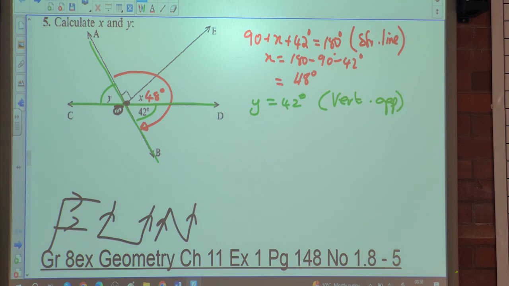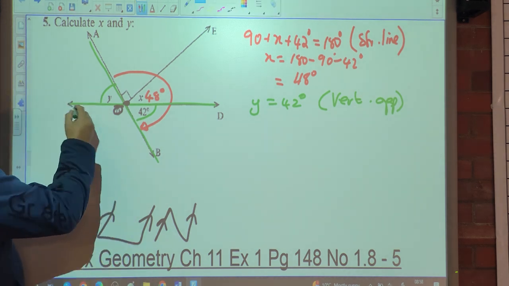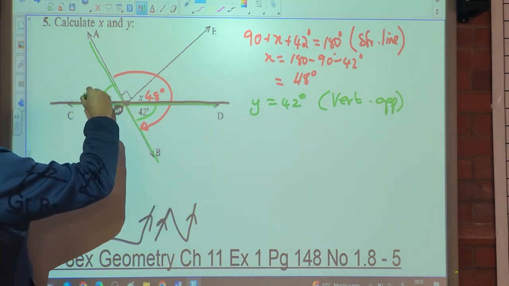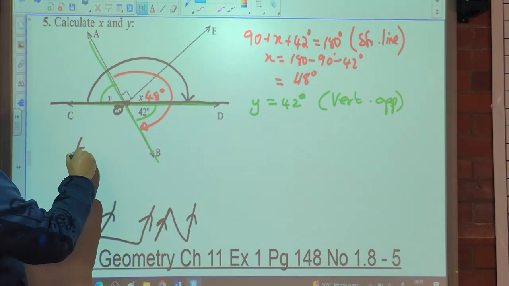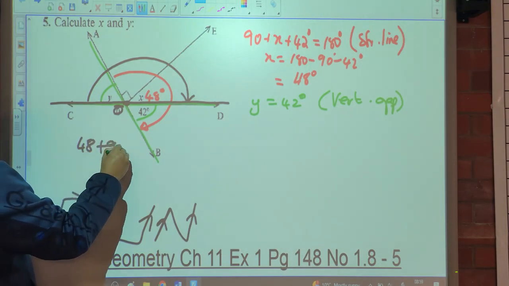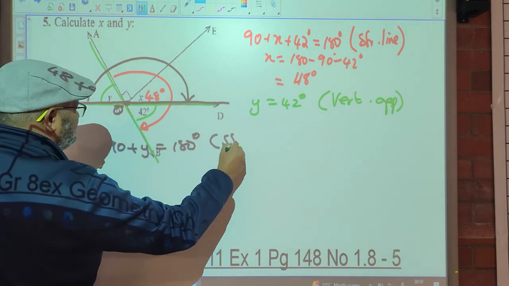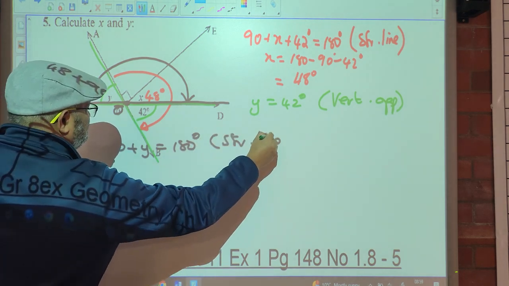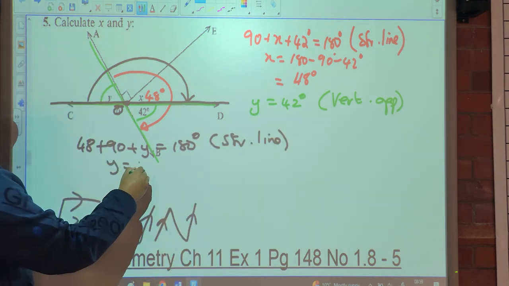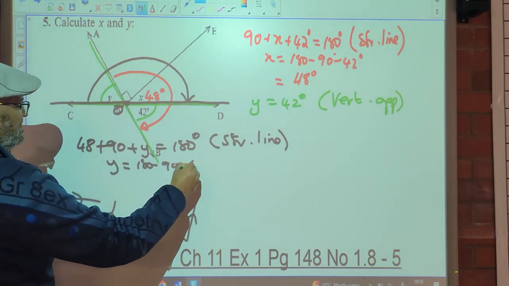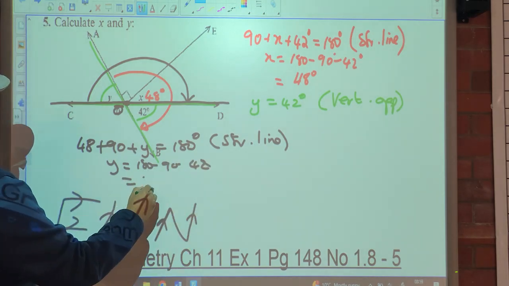Could you have done that, people? I would say there's many ways of doing these things. As long as you're applying the rules of mathematics correctly, or geometry, you're saying that that angle's on a straight line. So 48 plus 90 plus y is equal to 180. Straight line. So y is equal to 180 minus 90 minus 48, which is 42.